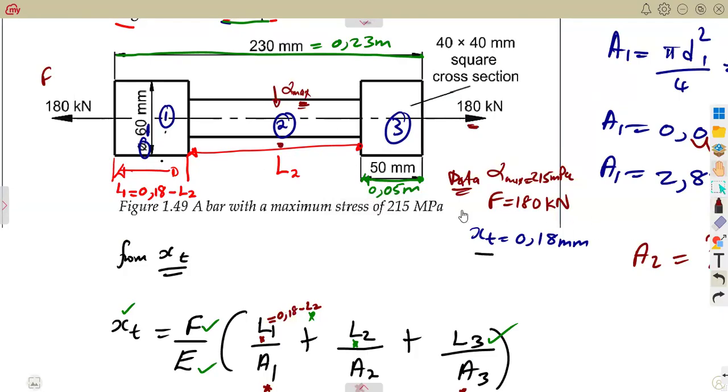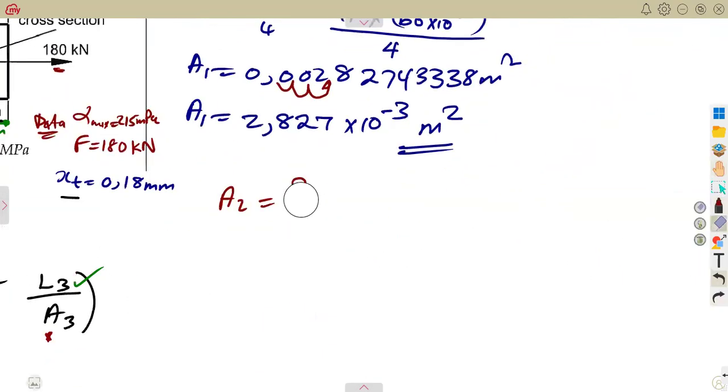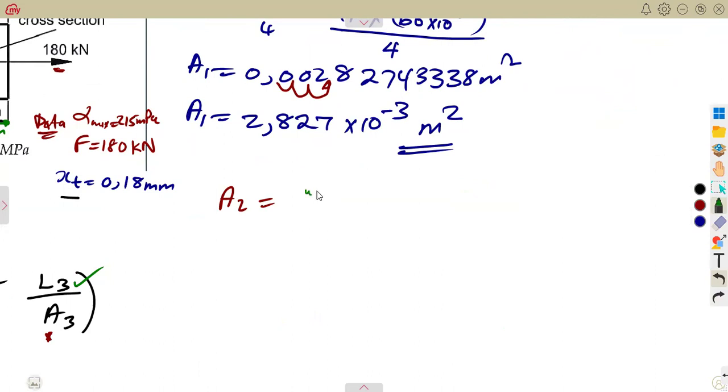We can, because the stress has the force inside it. So here we are going to calculate the area at 2 using the maximum stress, since that is the section with the smallest cross section. The smallest cross section in your presentation is at 2, the middle part.